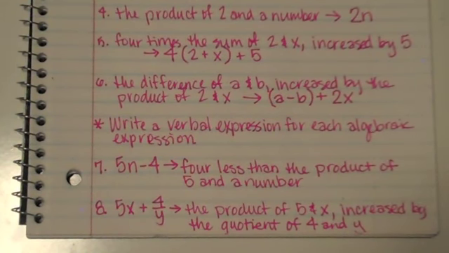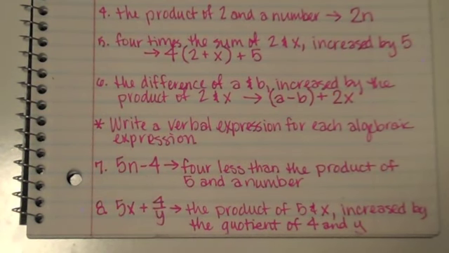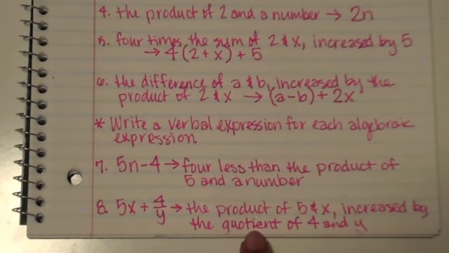That's okay, just as long as you get words that equal the types of operations, numbers, and variables that we have in the expression. For number 8, what I have is the product of 5 and x, so 5 times x increased by the quotient of 4 and y. Remember, quotient is the answer to a division problem, so 4 divided by y there. And again, yours may be a little bit different, and that is okay.